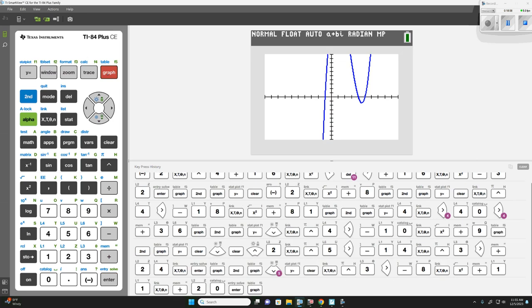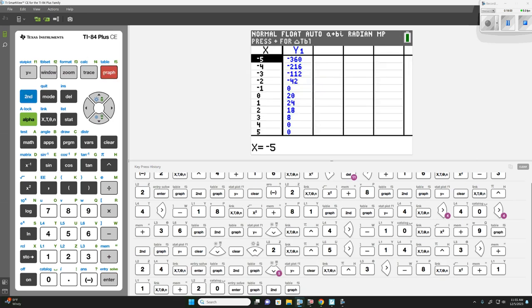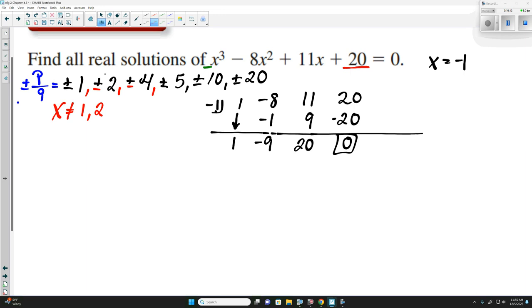Graph. Second table. That tells us negative 1 is a solution. But it also tells us 4 and 5 are solutions. So it could have taken us a little while to get to 4.